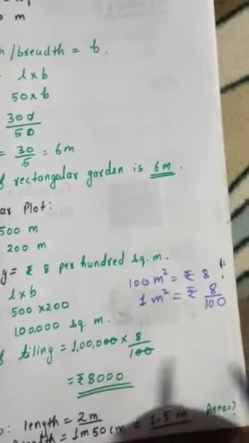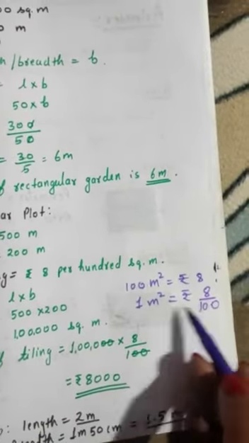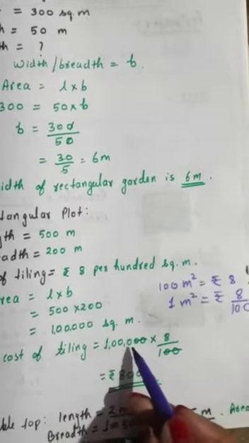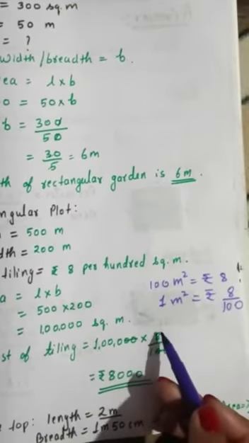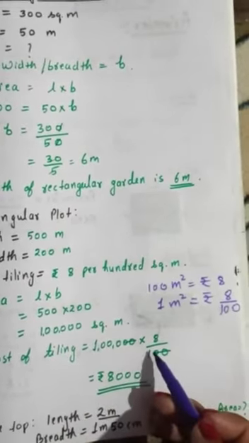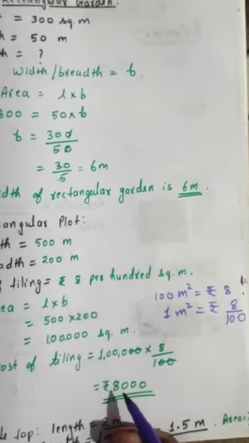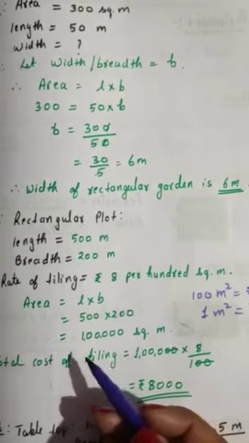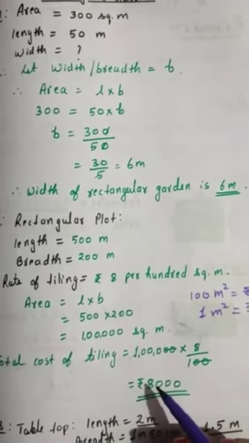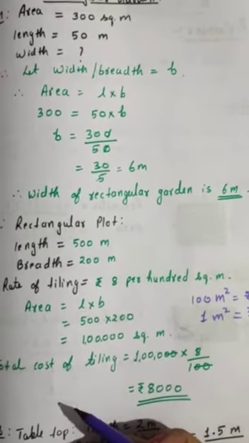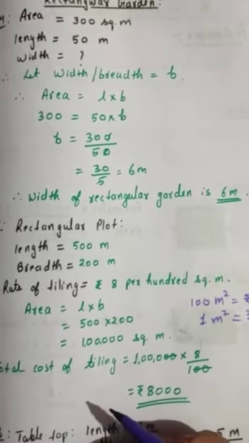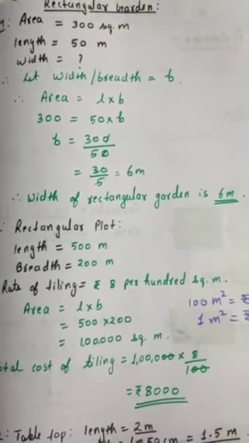Now your area is 1 lakh meter square, so you will multiply it by 8 upon 100. Two zeros will cancel each other and the answer will be 8,000. That means the cost of tiling the rectangular plot is ₹8,000. You will write the final statement: cost of tiling the rectangular plot is ₹8,000.